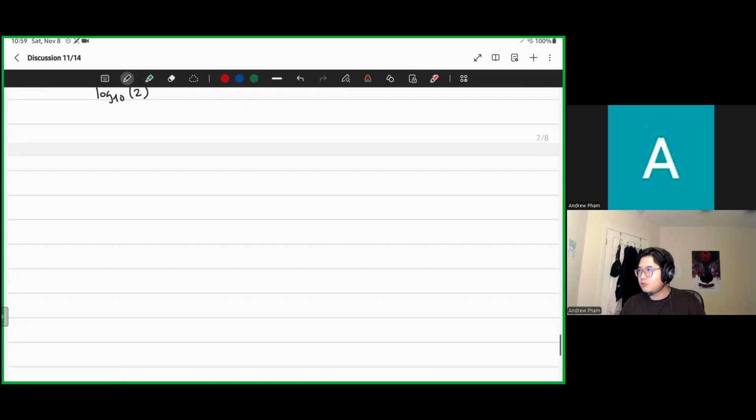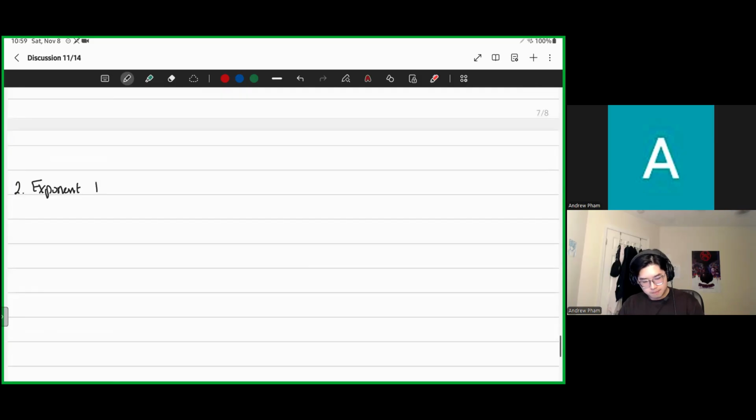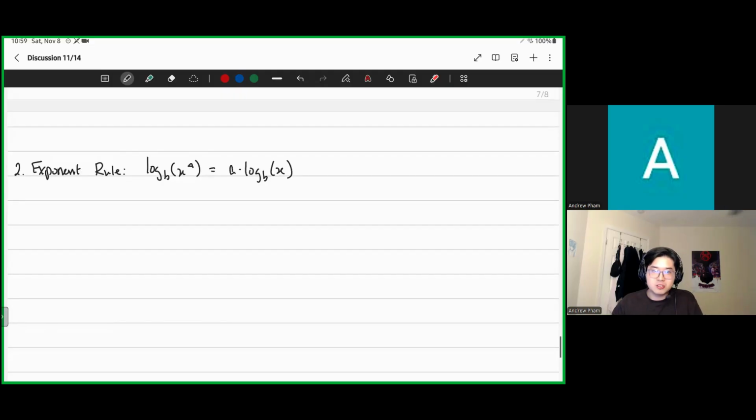So I'll prove first the exponent rule. Remember, the exponent rule says that log base b of x to the a is nothing but a times log base b of x. I can bring the exponent of x to the a to the front, and it becomes a multiplication problem.